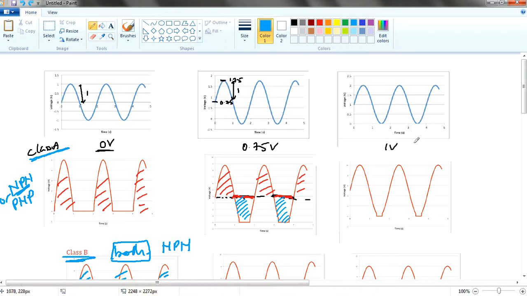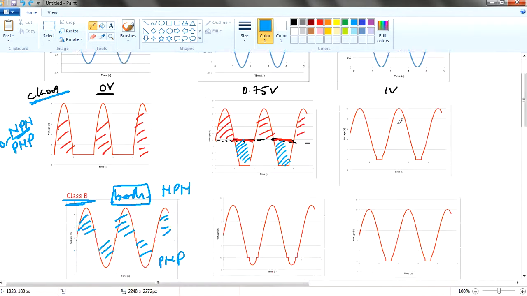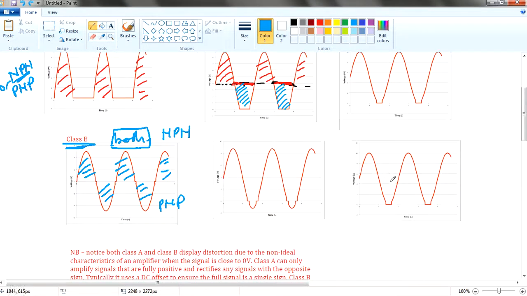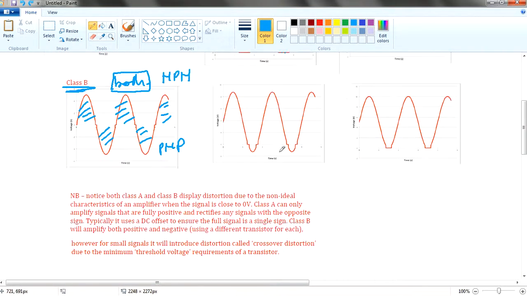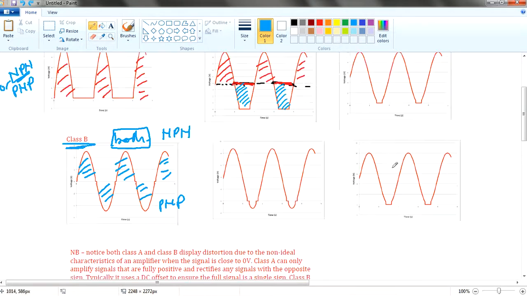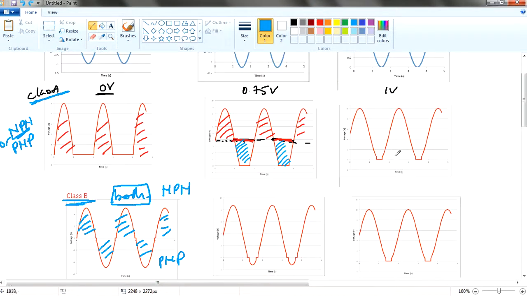If you have maybe 30 volts, your signal will be exactly like this. Your signal might not be as nice in class B, because from my notes it says that class B may still have a certain distortion compared to class A.